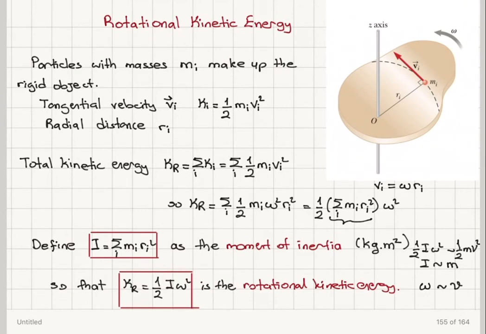Now, if it's a continuous object that is really not made up of discrete particles, or if the particle sizes are too small, I have to extend this discussion for a continuous object that is made up of very small particles.